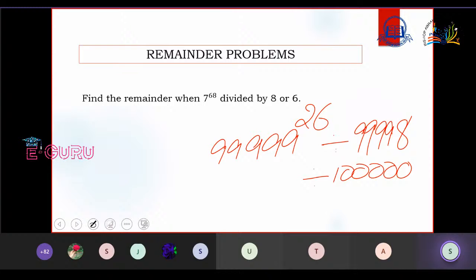So we can easily say that any number raised to an even power divided by the next number or previous number, the remainder will always be 1. So the remainder will be 1 only.